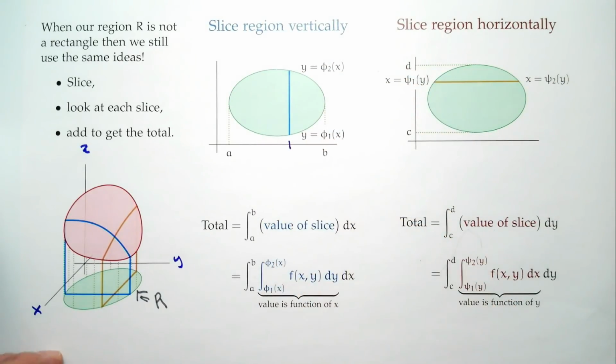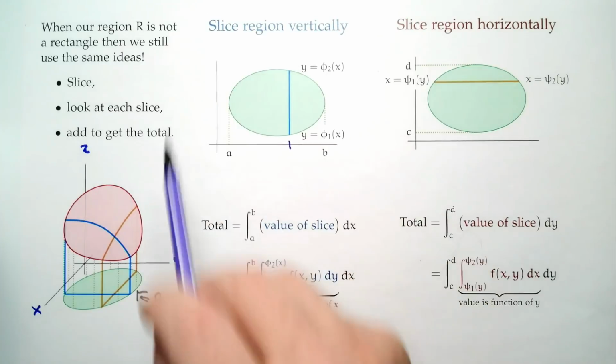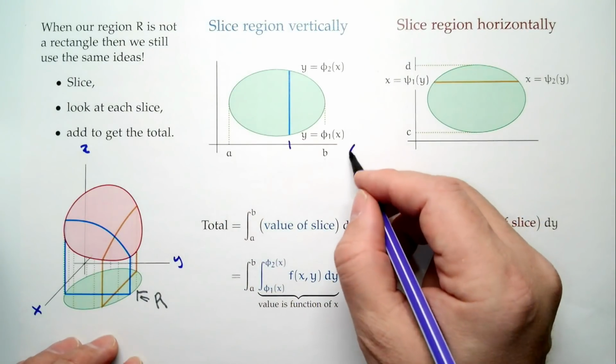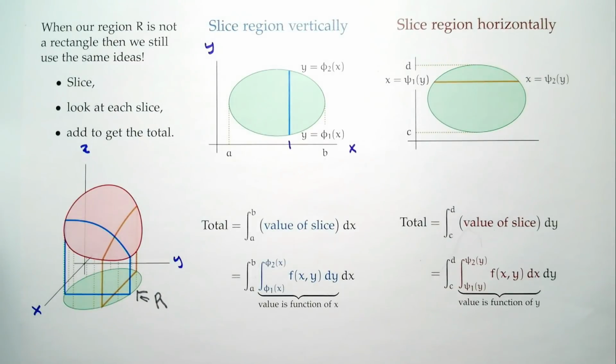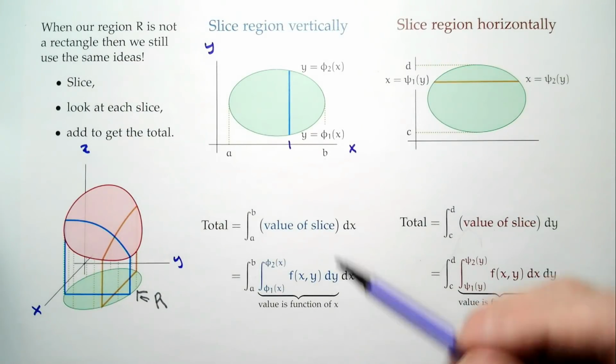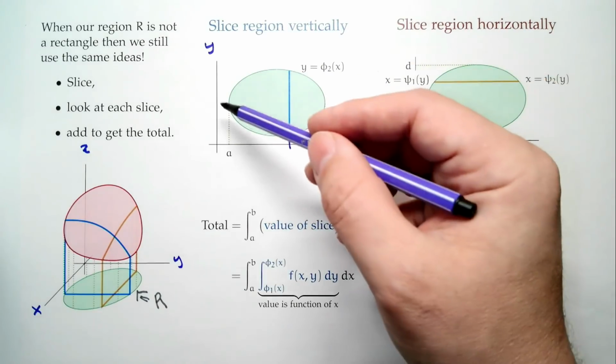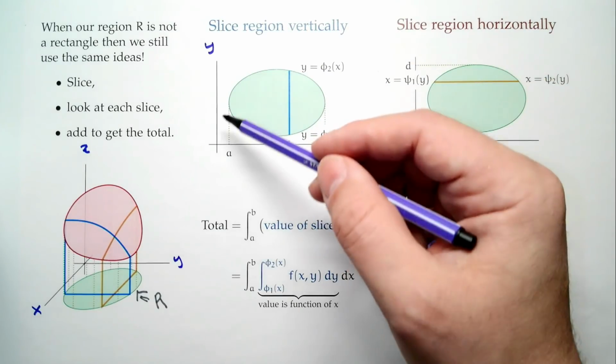So this is what I like to call slicing the region vertically. When I'm talking about slicing the region vertically, I'm talking about a two-dimensional picture. So this is my x and my y. And I say, okay, what does a slice do? Well, a slice goes from your bottom curve to your top curve.